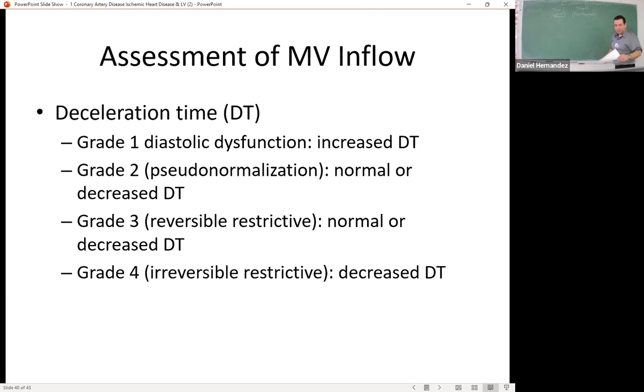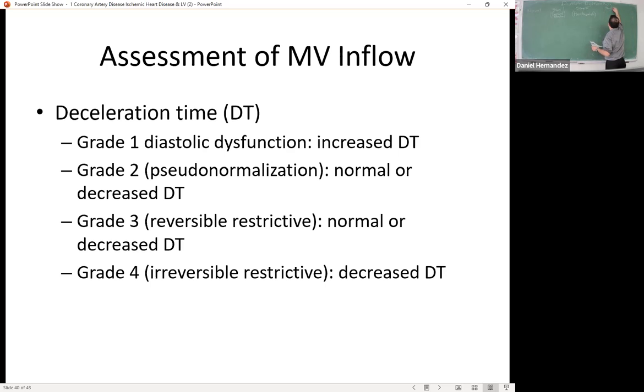When I was learning it, we only had, to be honest, 3 stages. Our stage 3 was referred to as a restrictive filling pattern or restrictive diastolic dysfunction. But recently they broke stage 3 down further into stage 3 and stage 4.